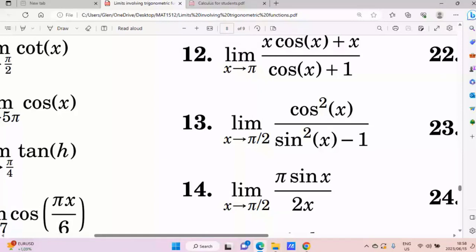Step number 1. Cos squared x is equal to 1 minus sine squared x. You agree? I agree. And then you say divide by sine squared x minus 1, right? Yes, I agree also.